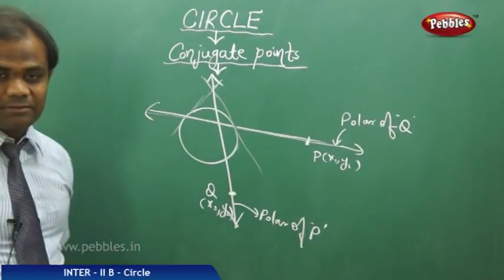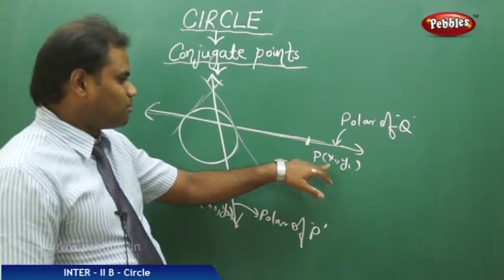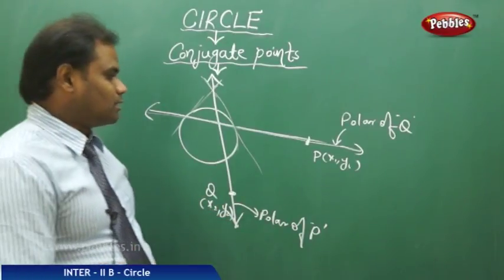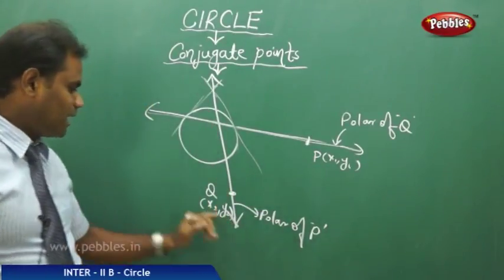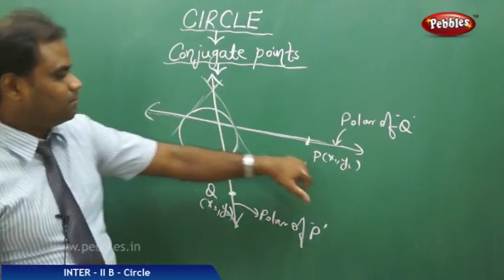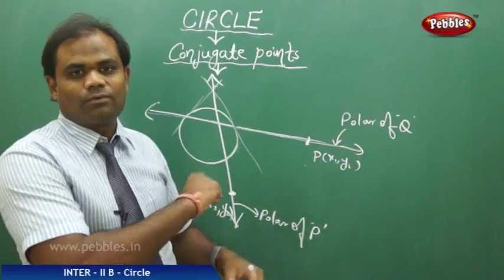That means if P is a point outside, inside or on the circle, and the polar of P has Q as its point, then the polar of Q will have P as its point.